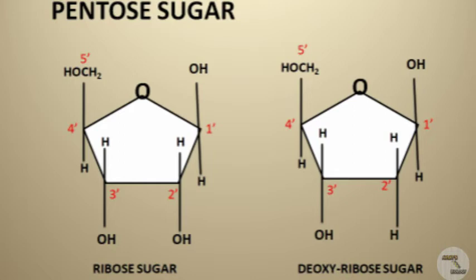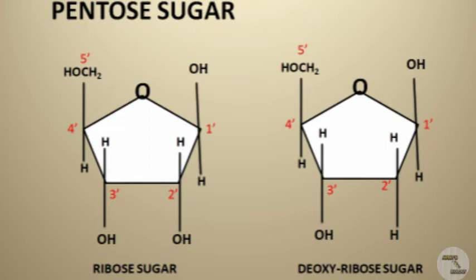Ribose sugar has two hydroxyl groups at the 2' and 3' positions. But in the case of deoxyribose sugar, there is a lack of a hydroxyl group at the 2' position. The hydroxyl group at the 2' position of ribose sugar is replaced by a hydrogen in the deoxyribose sugar.